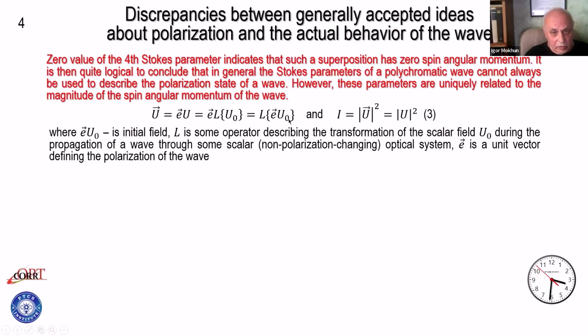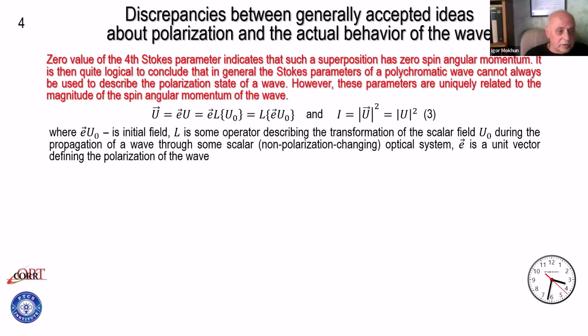The trivial conclusion follows from these notations: the intensity of the output wave does not depend on the polarization. But in the case of transformation of energy flows, the situation is completely different.